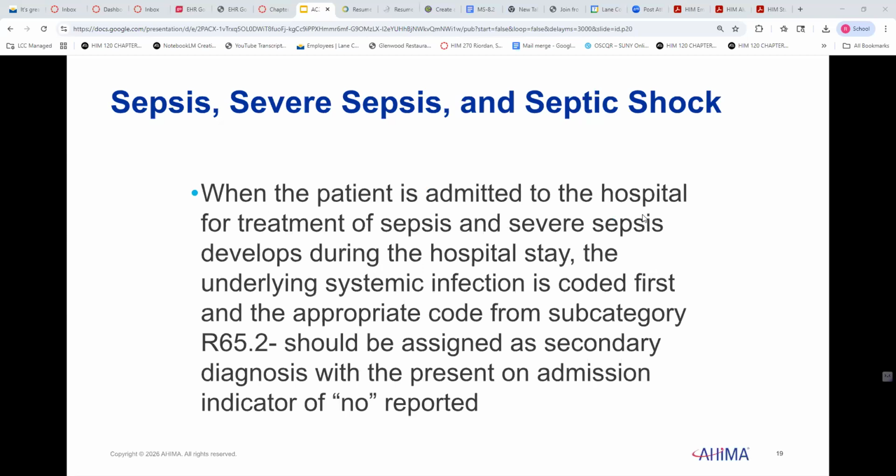When a patient is admitted to the hospital for treatment of sepsis and severe sepsis develops during the hospital stay, the systemic infection is coded first, and the appropriate code from subcategory R65.2 is assigned as a secondary diagnosis with the present on admission indicator of no.